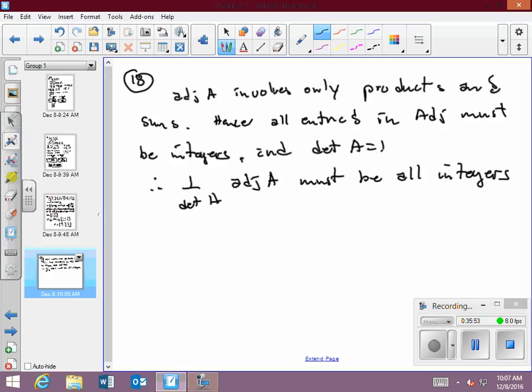So that's why A inverse is all integers.